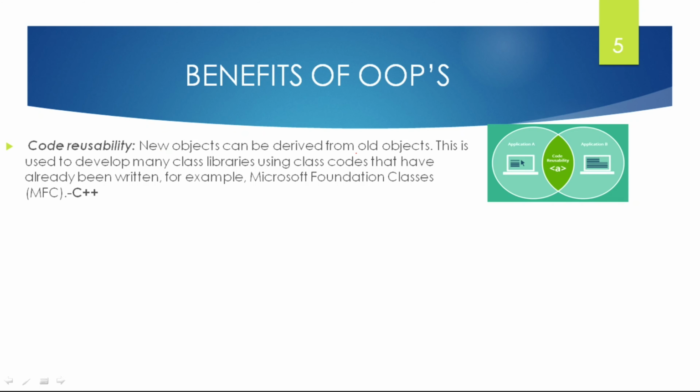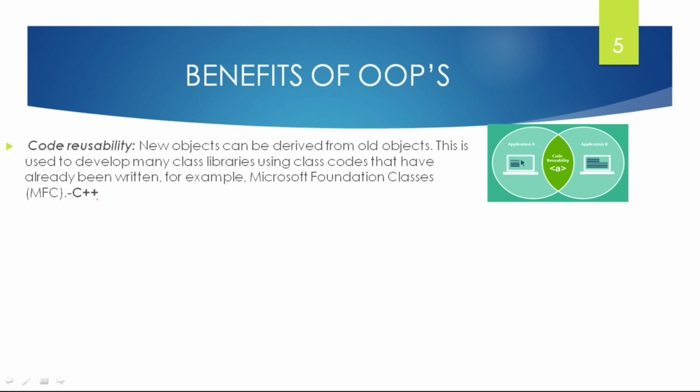So we can reuse them instead of creating new objects. This is used to develop many class libraries using class codes that have already been written. For example, Microsoft Foundation Classes. This Microsoft Foundation Classes is developed by using C++.